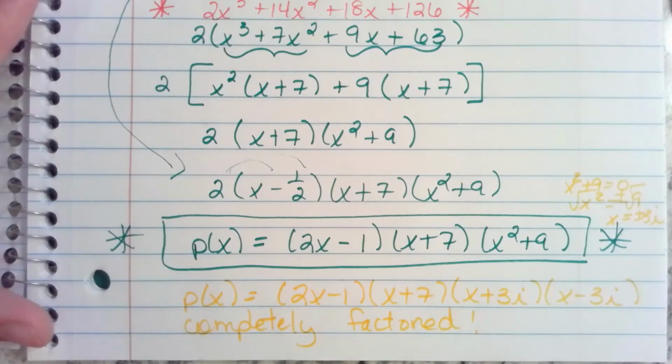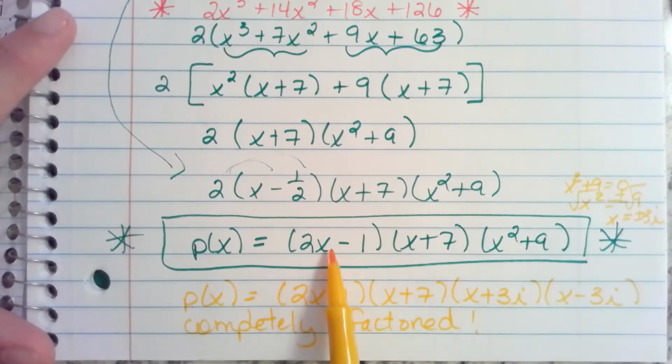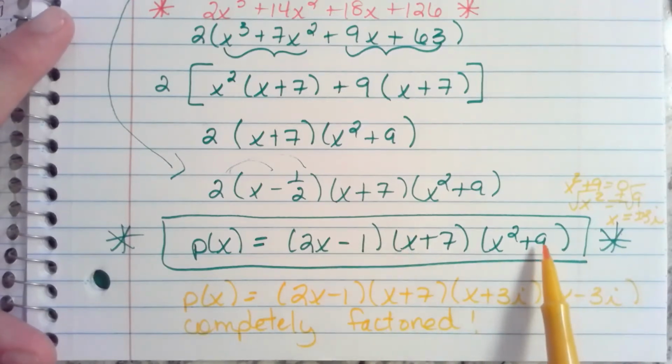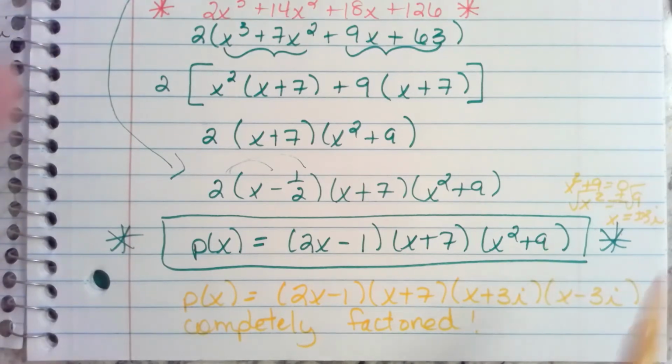Now, we have it completely factored. We also know what the zeros are. We have real zeros here and imaginary zeros here, which means they're not really zeros, right? Because zeros, you have to be able to graph them. So let's bring this over to the next page. To copy it down.